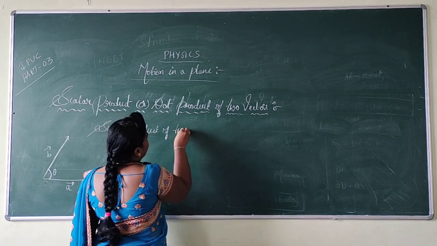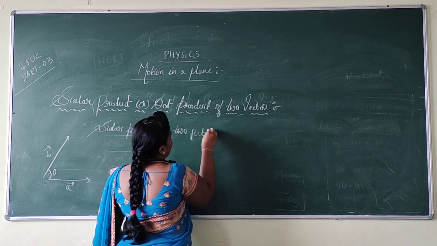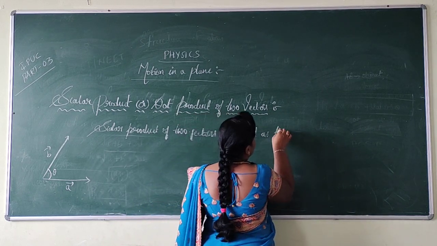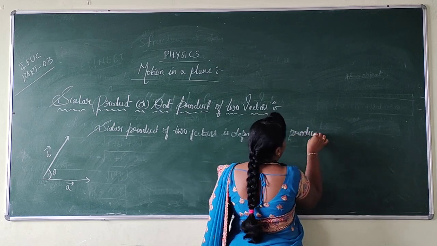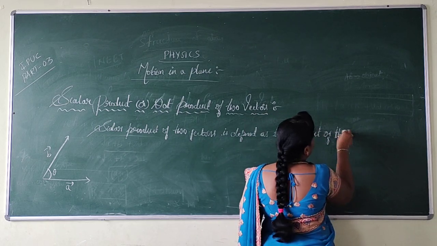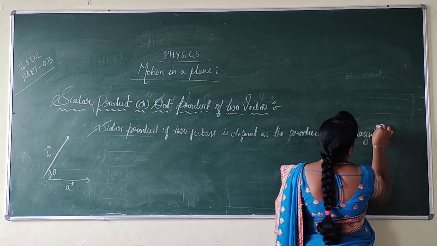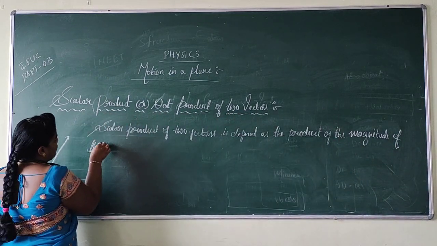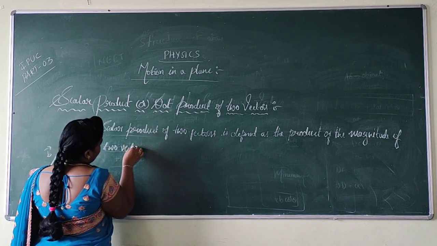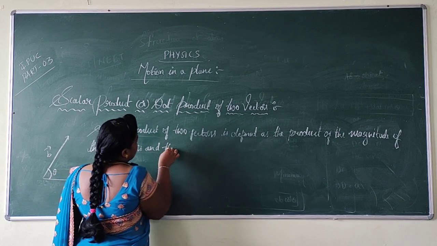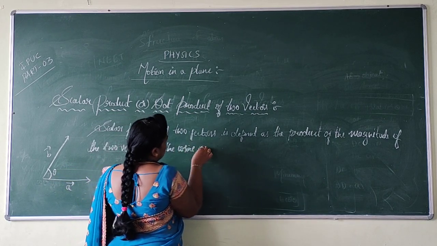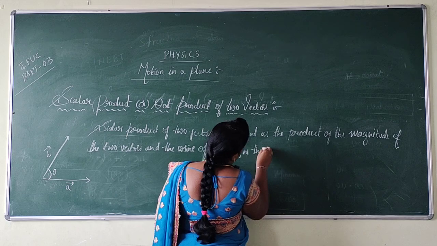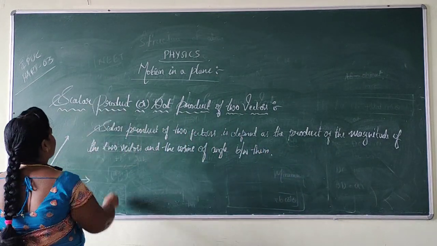The scalar product of two vectors is defined as the product of the magnitudes of the two vectors and the cosine of the angle between them. Yes, this was the definition for the scalar product.